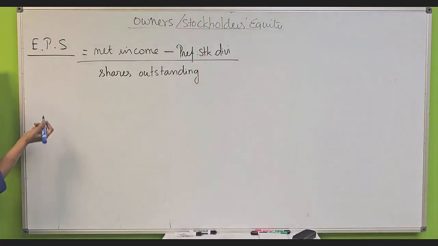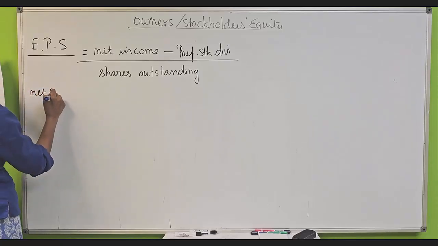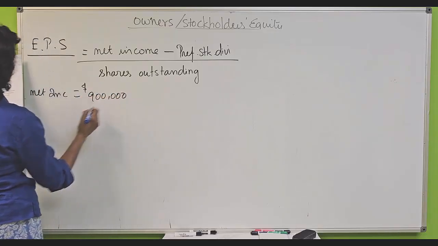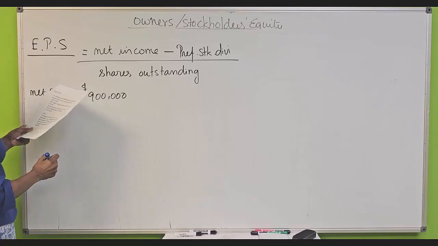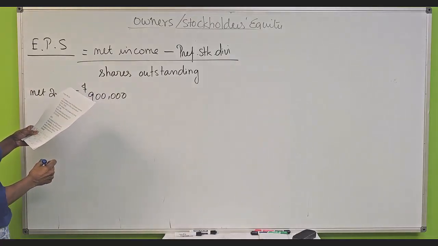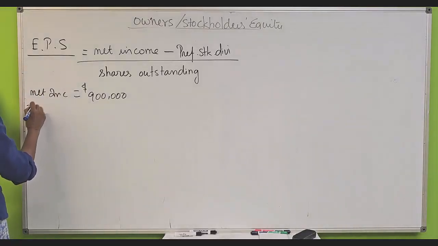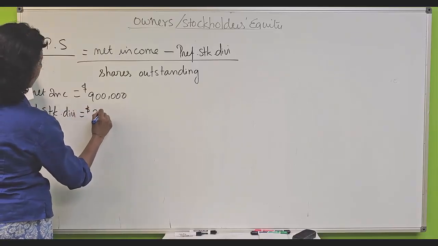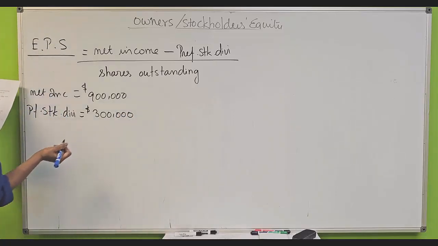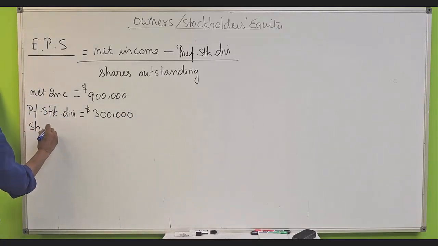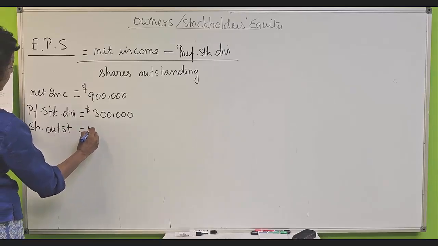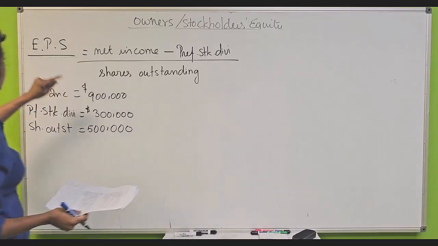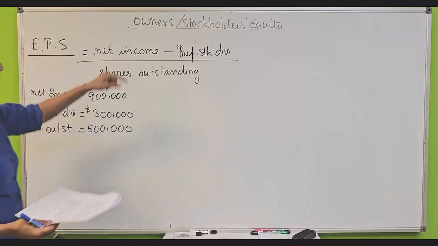So now, in the example, your net income equals $900,000 and you have 200,000 preferred stock outstanding. And the preferred stock dividend equals $300,000 and shares outstanding equals 500,000 shares. So now to calculate the earnings per share, you just plug these numbers in the formula.